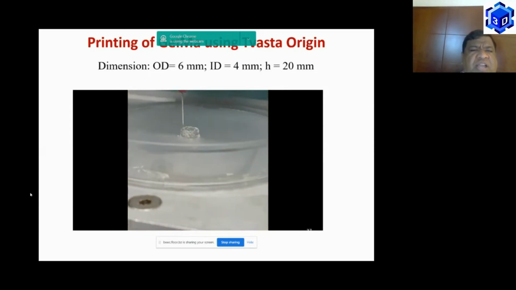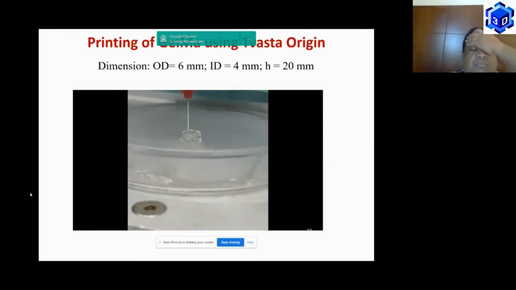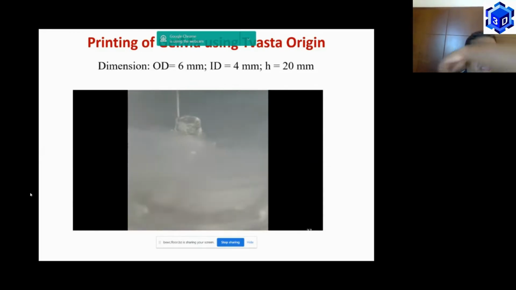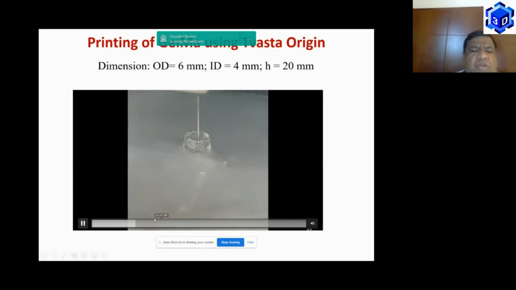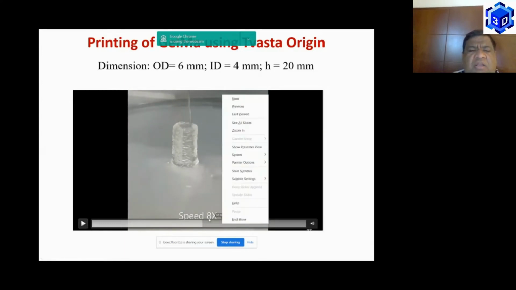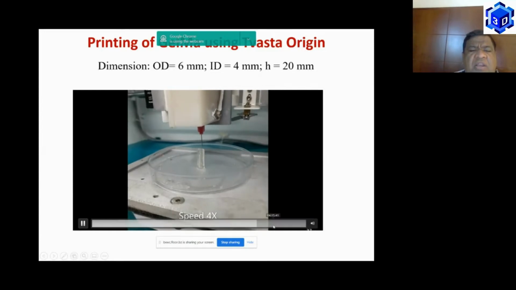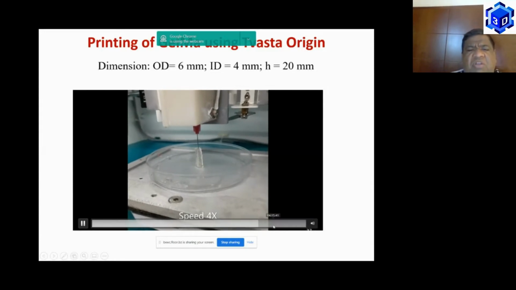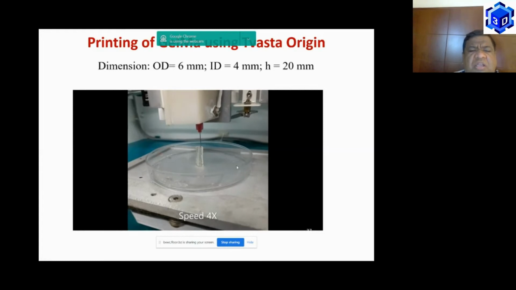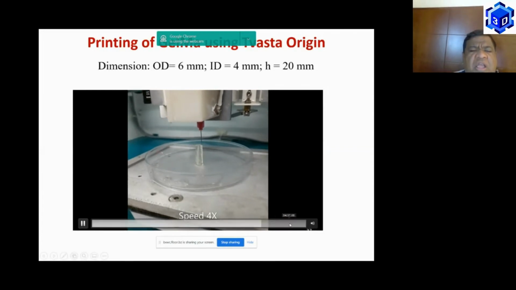What you see here is a gelatin methacrylate based bio ink, and you can see that this material can be printed to a construct of almost 20 millimeters in length, with no visible structural deformation.